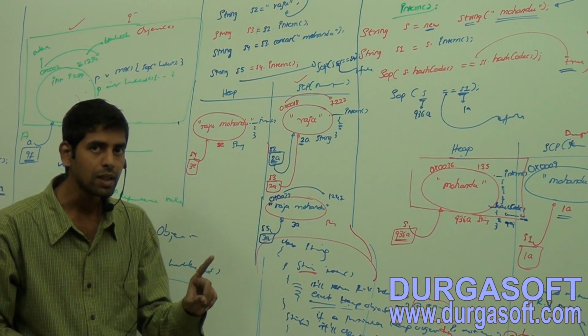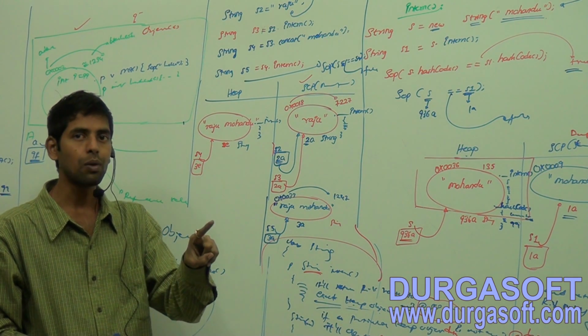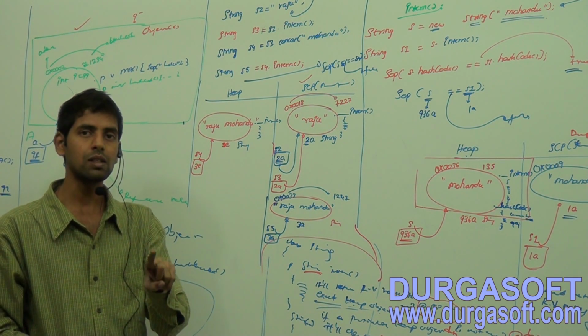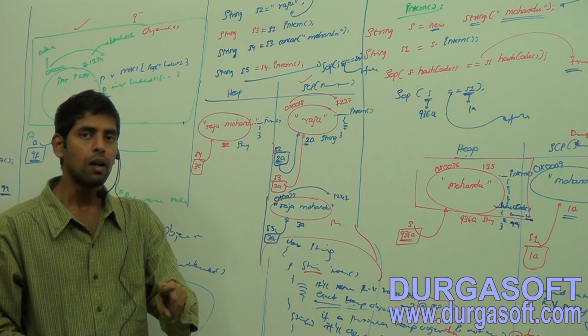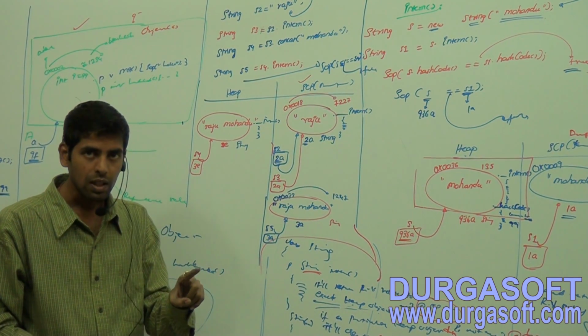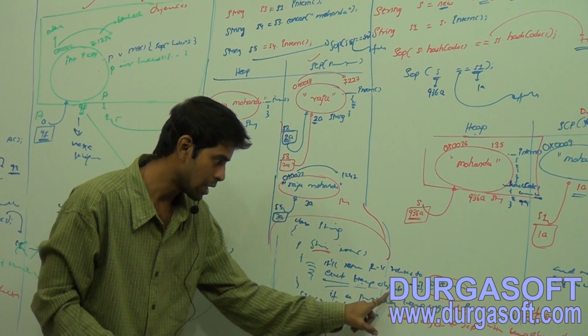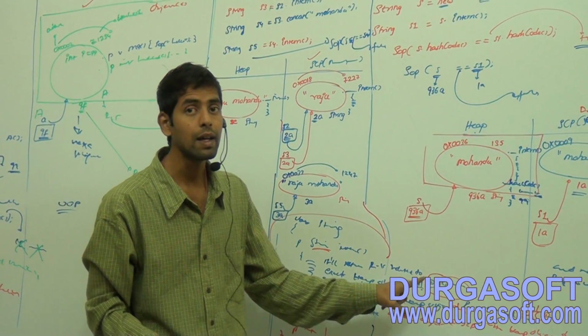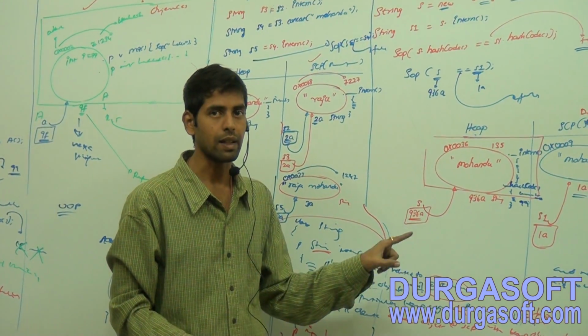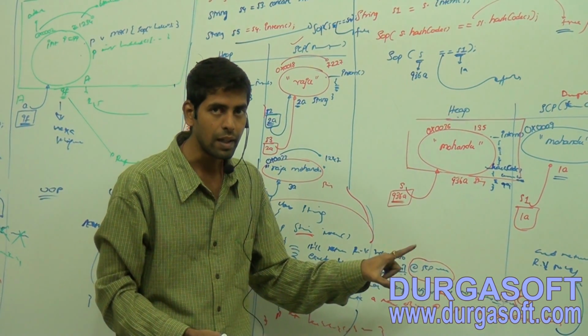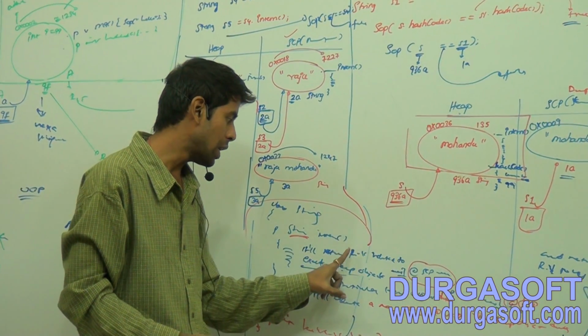It will always return a reference value of the exact heap object, related to the exact object available at SCP, the related object reference value only it will return.